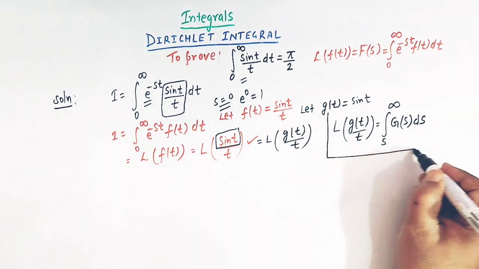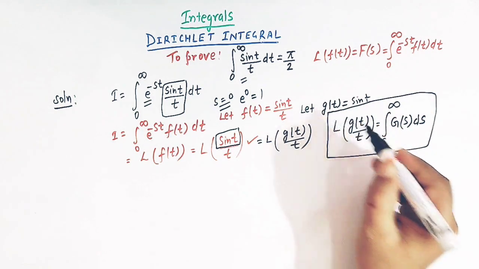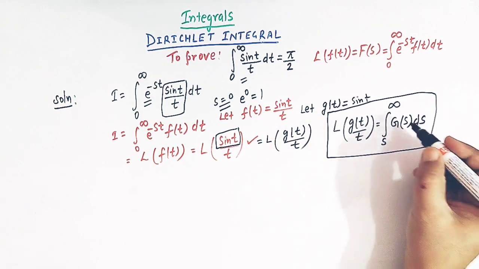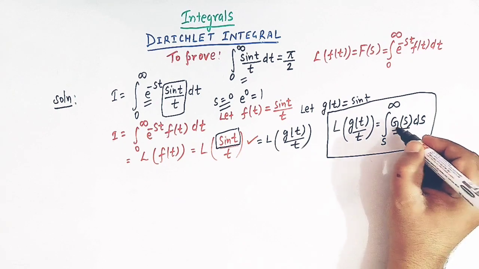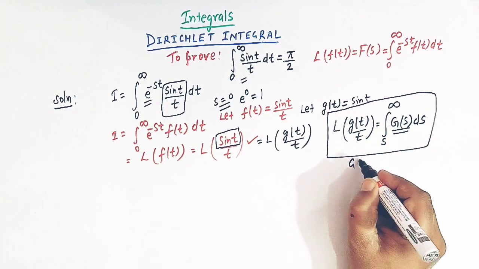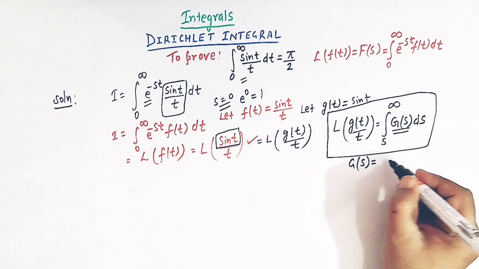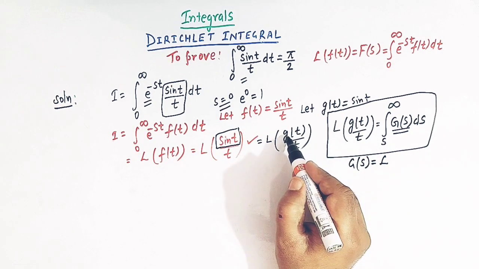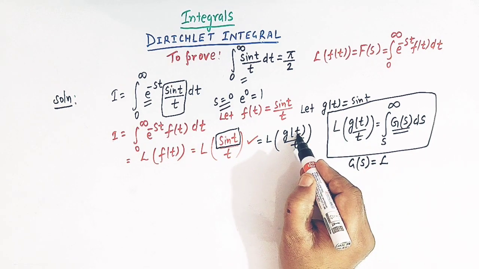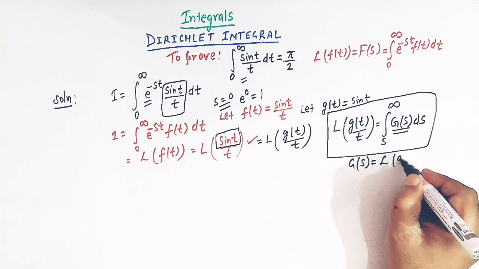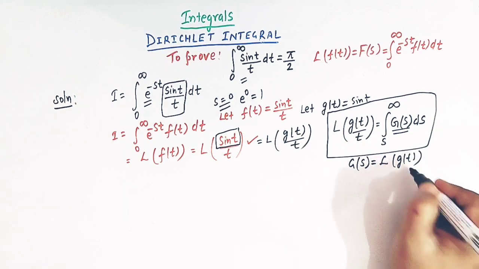So this is an important result in Laplace transform. And here this capital G of s is the Laplace transform of this function g of t.